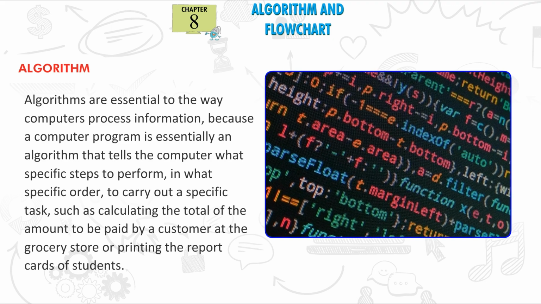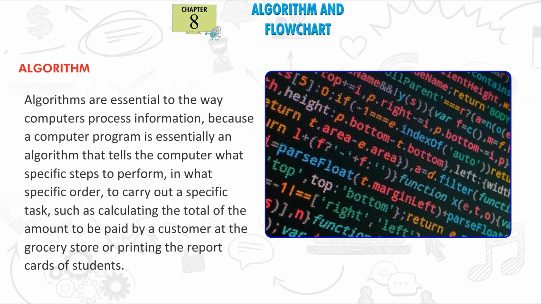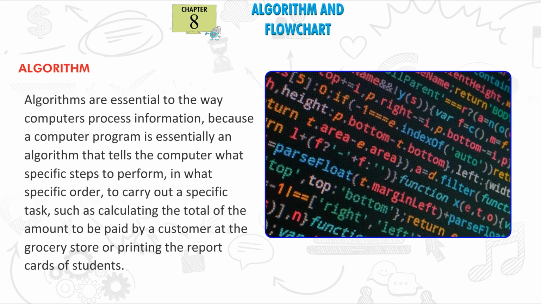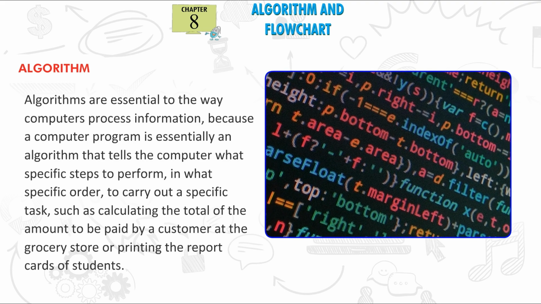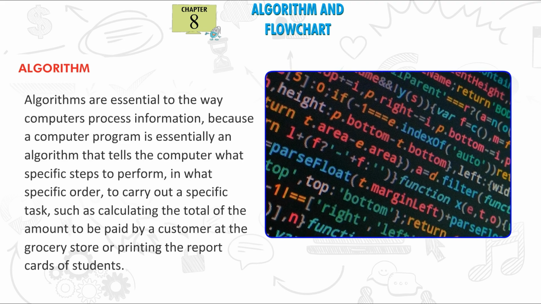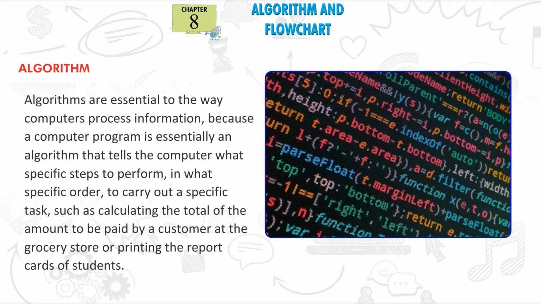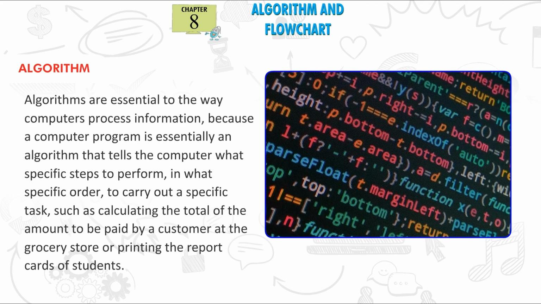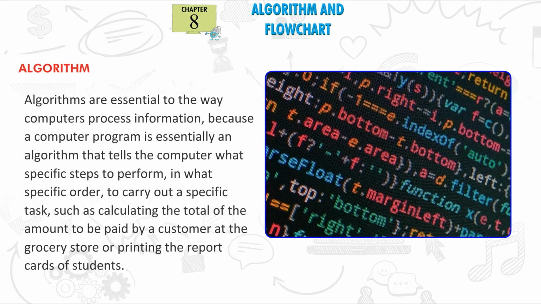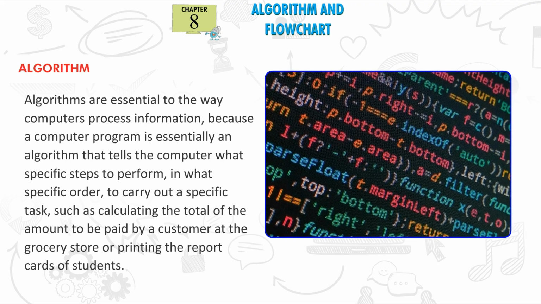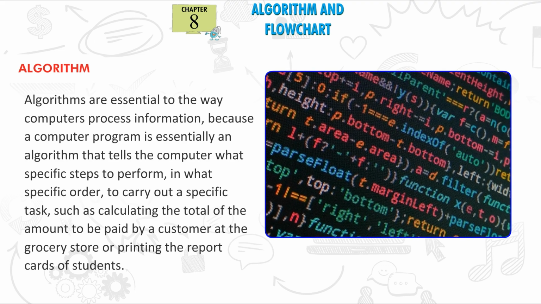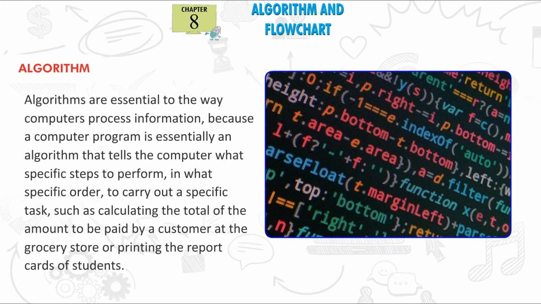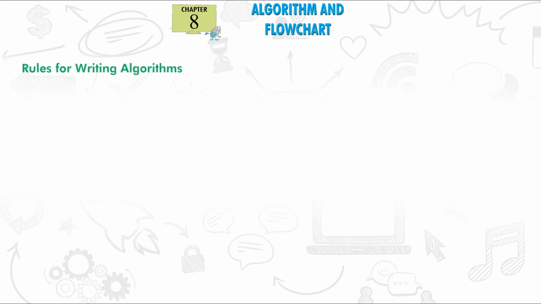Algorithms are essential to the way computers process information because a computer program is essentially an algorithm that tells the computer what specific steps to perform, in what specific order, to carry out a specific task, such as calculating the total of the amount to be paid by a customer at the grocery store or printing the report cards of students.